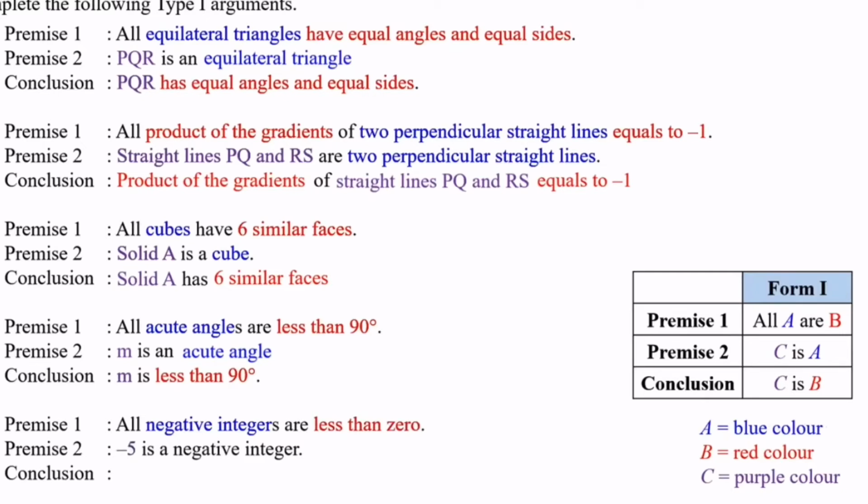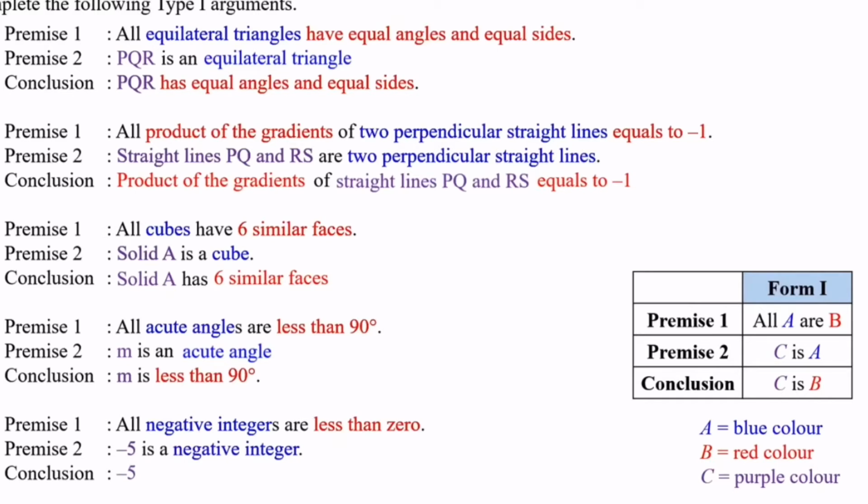So if you think you can't solve the math reasoning for form 1, you just observe the pattern by using different colors, so that you can have a good idea how to go about the argument in form 1. I hope you will try to observe the pattern in terms of color.